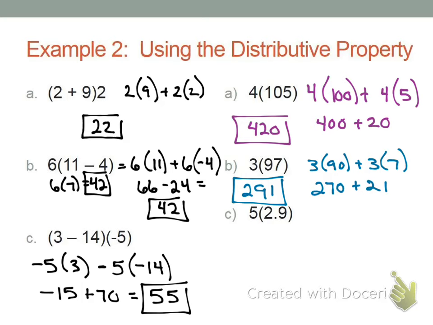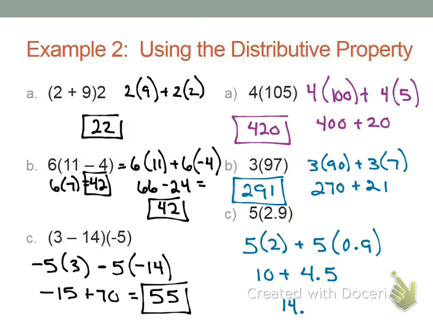What do you think, Andrew? 2 and 0.9. Yes. 5 times 2 plus 5 times 9/10. 10 plus 4.5. 14.5.